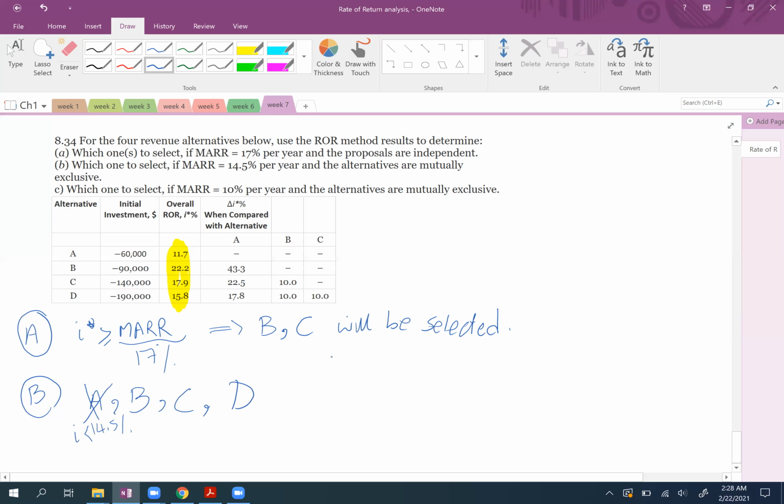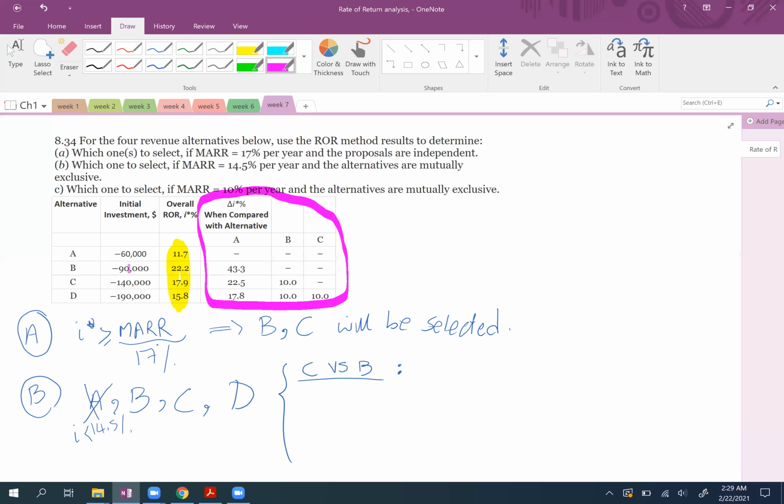The first round of comparison is C versus B. I need to create the incremental cash flow and see what happens. So C minus B, something that you can check over here in this section, you already have a matrix that gives you the incremental analysis rate of return.